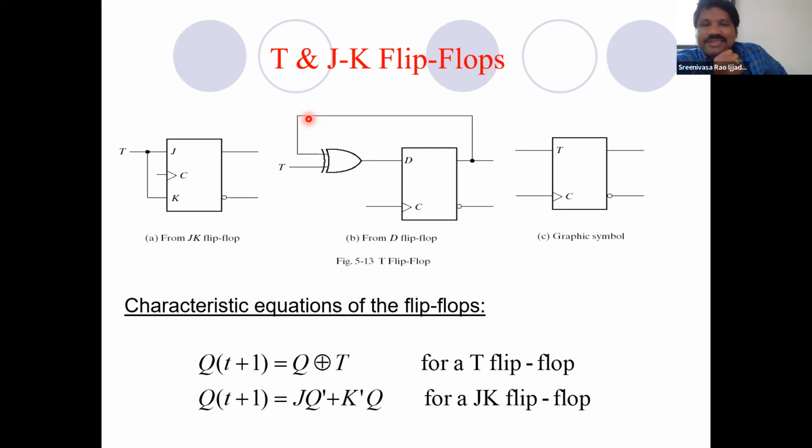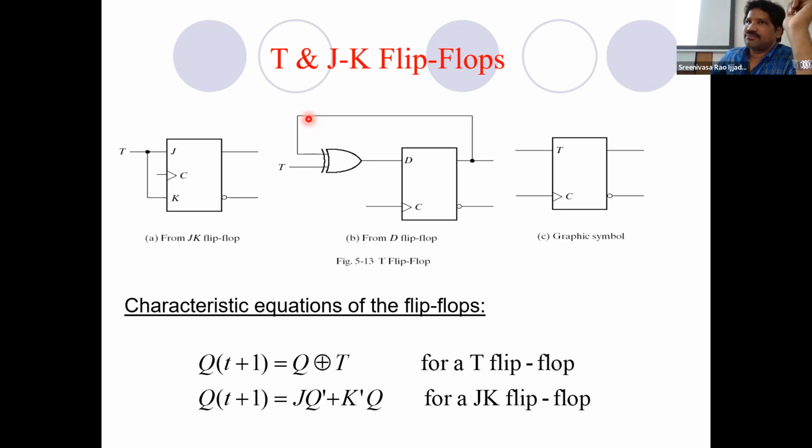The characteristic equation is Q(t+1), the next state, equal to Q XOR T. The next state is the XOR of the present state and the input. This is the characteristic equation of the T flip-flop.